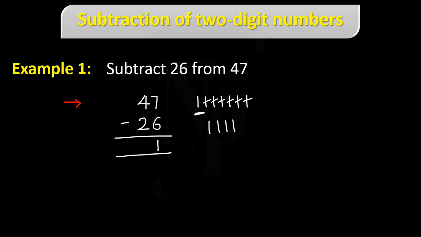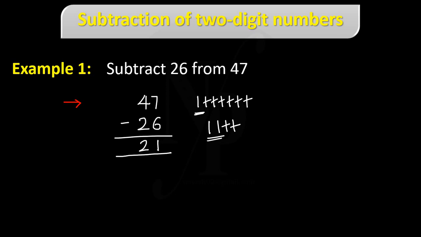And I will strike out 2 lines because we have to subtract 2 from 4. 1, 2. So how many lines are remaining now? 2. So we have to write 2 here. So on subtracting 26 from 47, we get 21. And this 21 is called as difference.